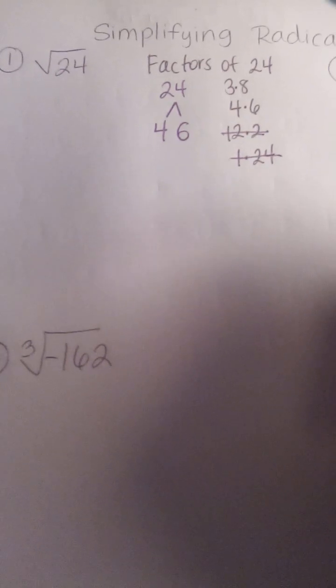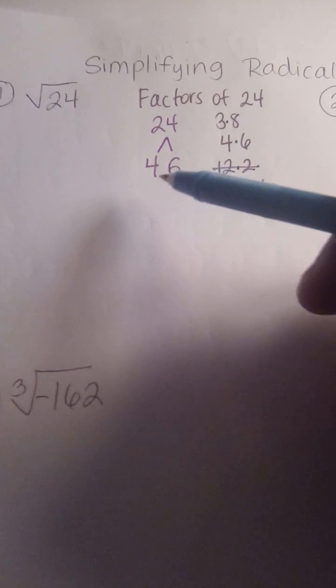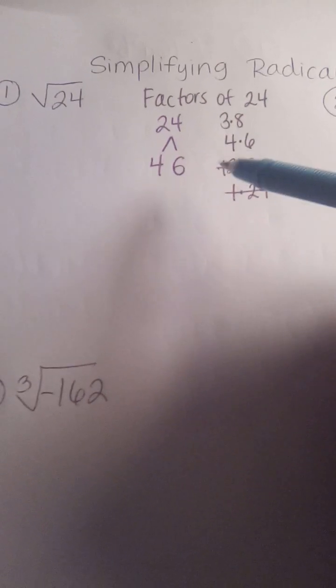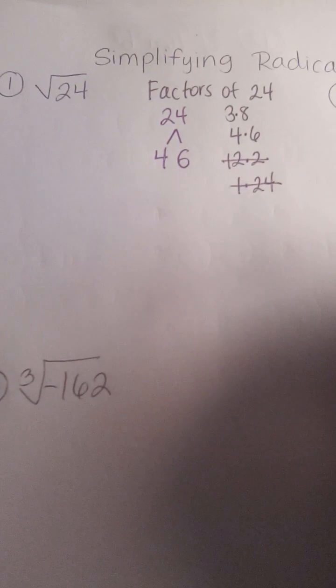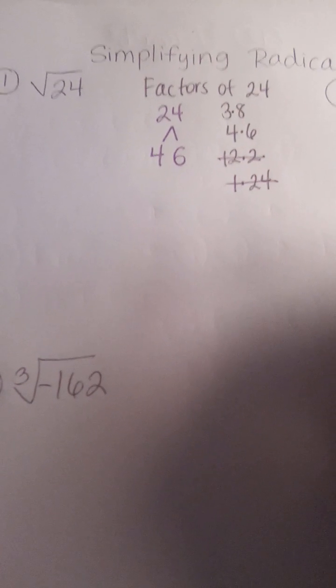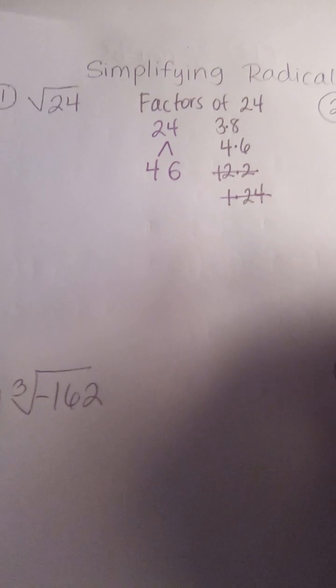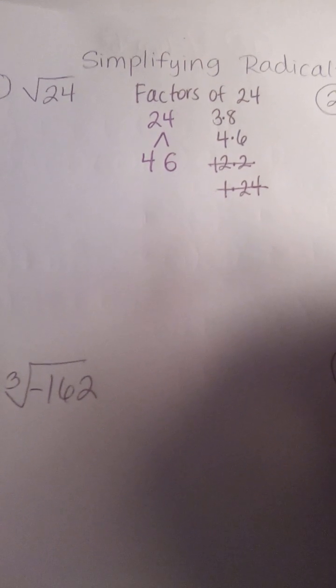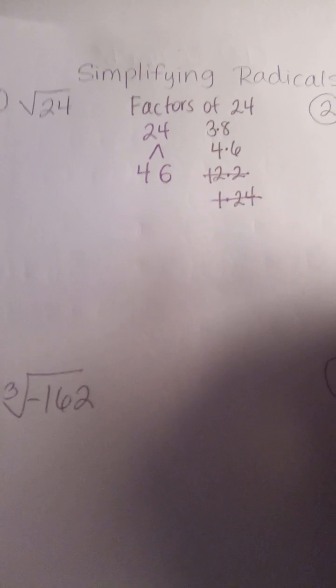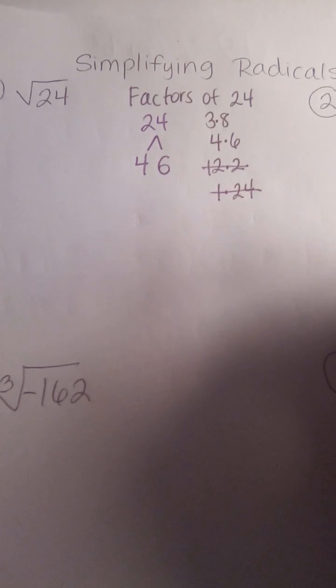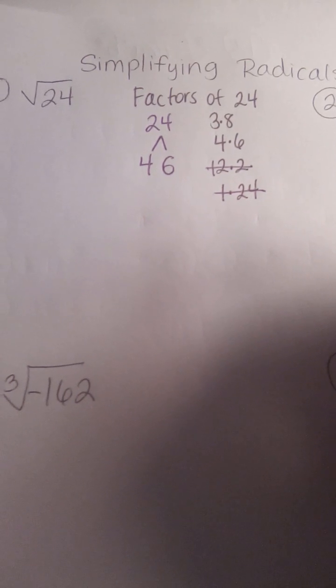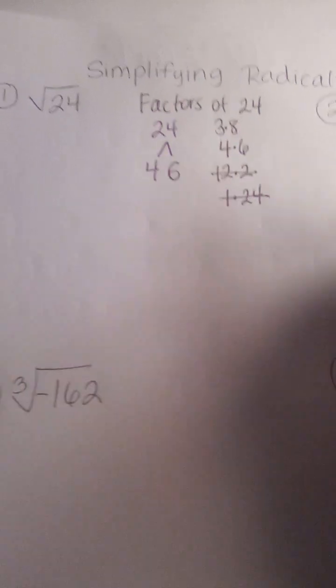We got factors of 24, 4 and 6. As you can see right here, notice something between these two numbers. One of them is a square root. Which one is it? Four, right?